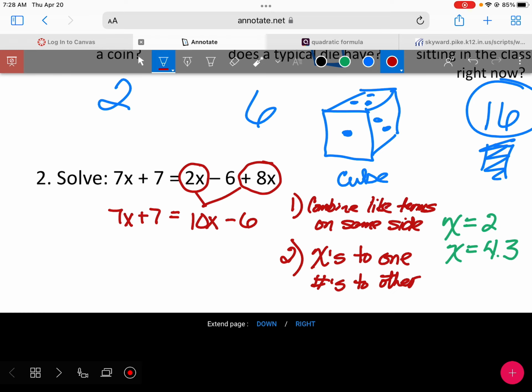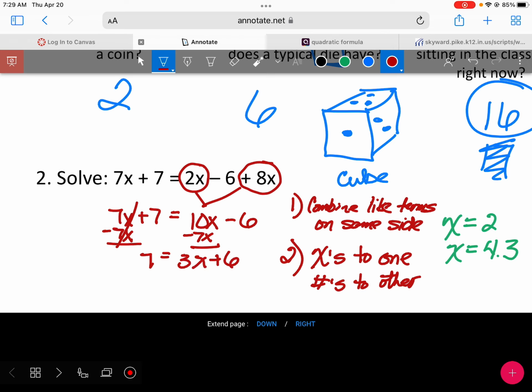How do I move it mathematically? Do I just say bibbidi bobbidi boo? No. What do I need to do? Yeah, it is a positive, so I'm going to subtract it. Subtract 7x. Those cancel out. 7 is equal to 3x minus 6.